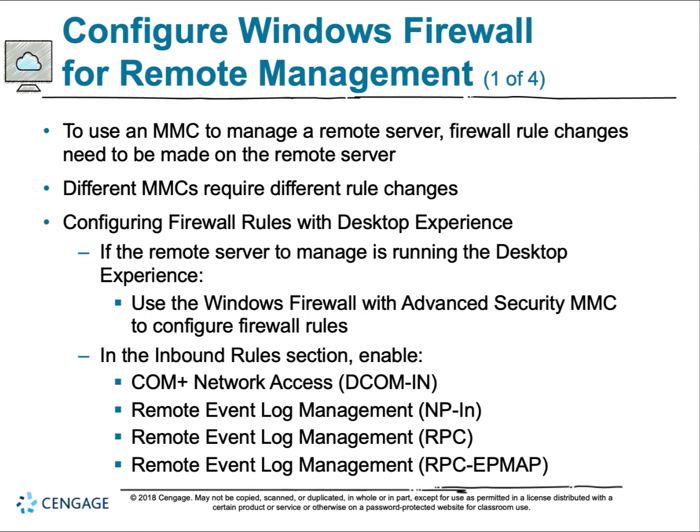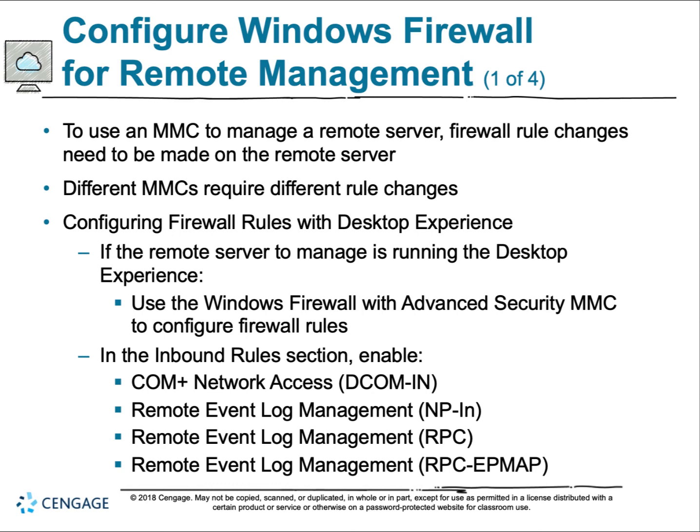You need to sign into the remote server and open the Windows Firewall with Advanced Security console. In the inbound rules section, enable the following rules as you can see on the slide. So you want to enable COM plus network access, remote event log management, remote event log management RPC, and remote event log management RPC EP map.